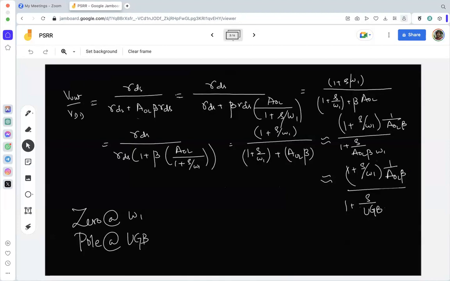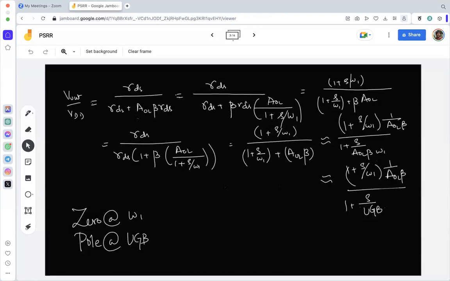the expression becomes AOL, which was simple AOL earlier, it became AOL by 1 plus S by omega 1.